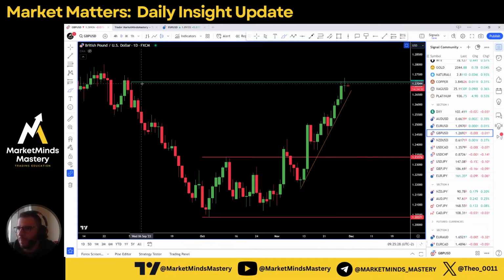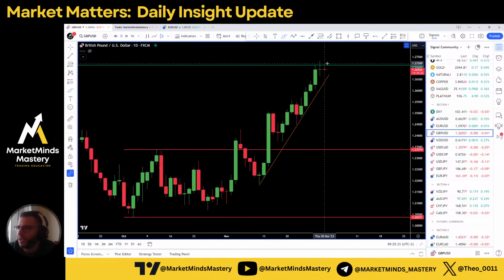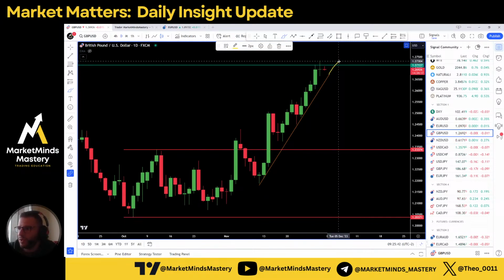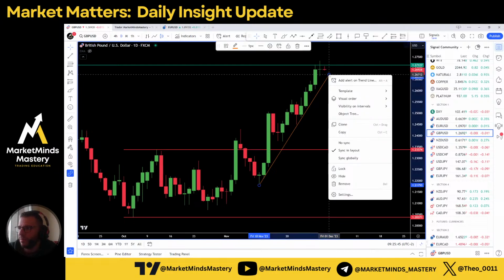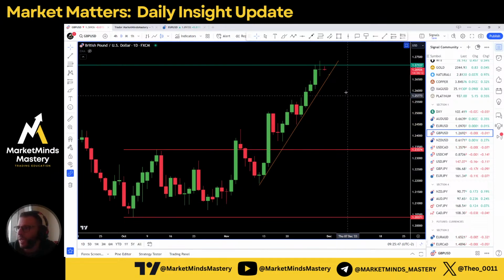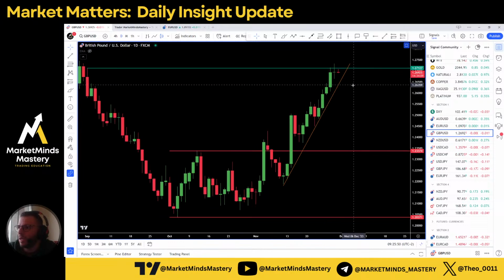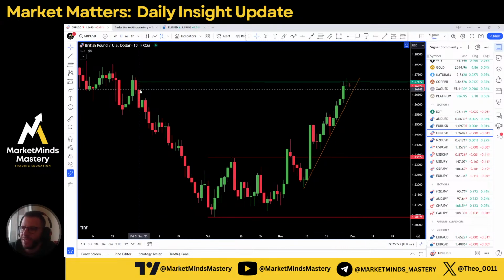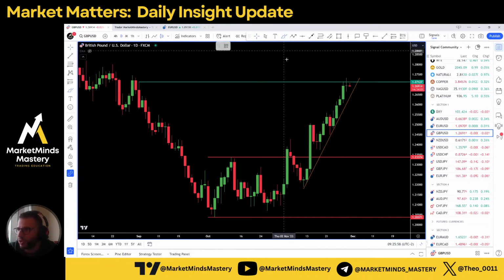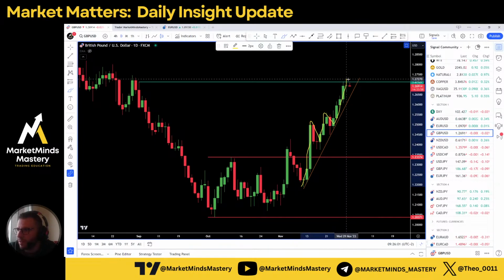Next one, sterling. We marked this resistance as a strong resistance in the market. Yesterday the price got rejected by this nice doji candle. Now, this is a sign of a reversal in the market. It might look like a high probability setup because it rejected the resistance, but still the trend is moving upwards, and the swing low is down here.